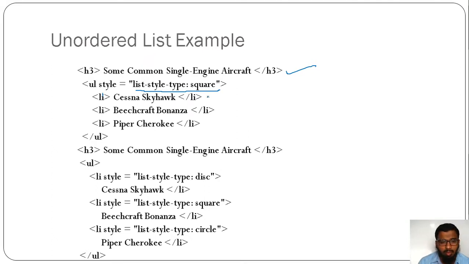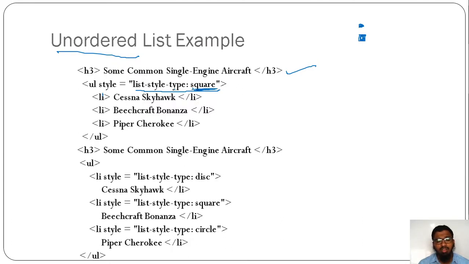In HTML we have learned the unordered list, where the default pattern appears, but I want to change the default style. The default style is circle, and I want square. So that is what I am writing here.